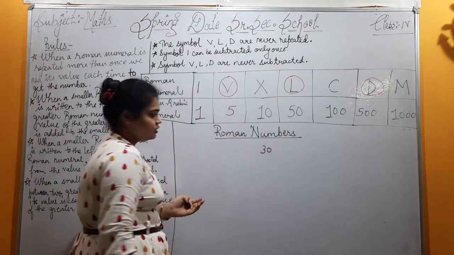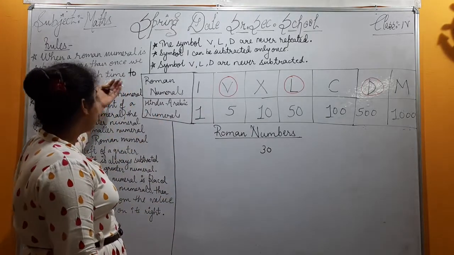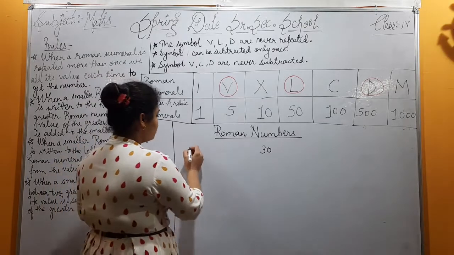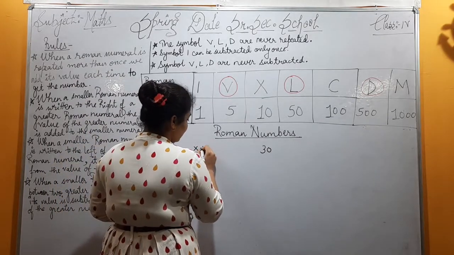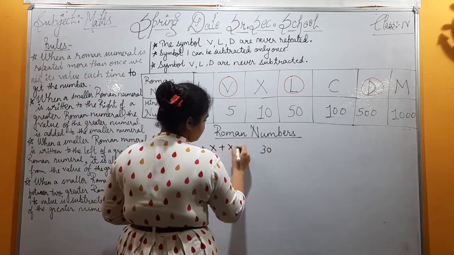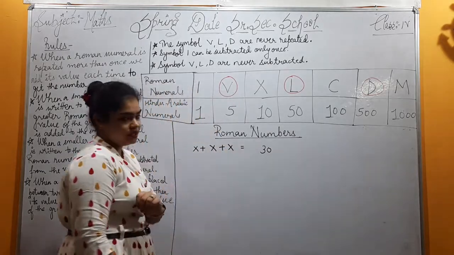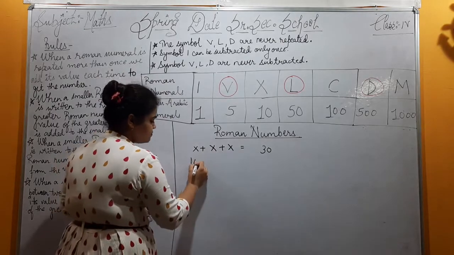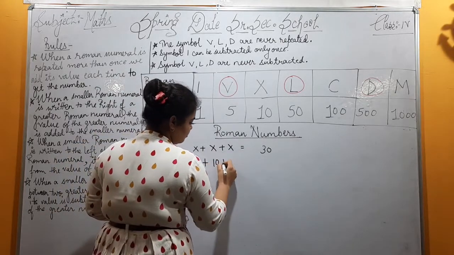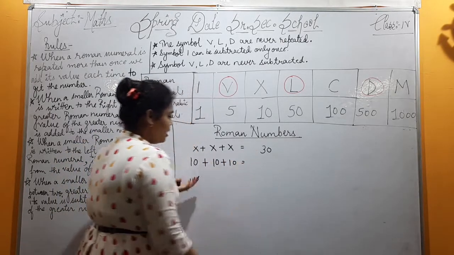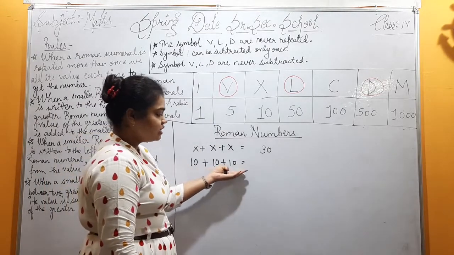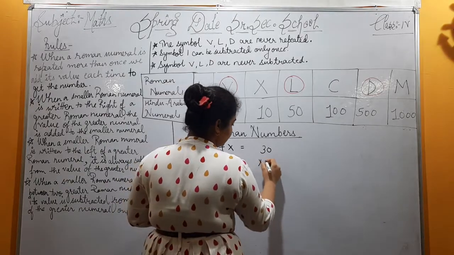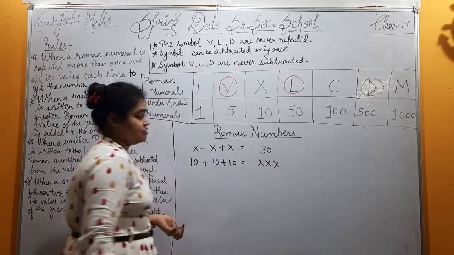With the help of Roman numerals, we are going to make the number 30. X plus X plus X is 30. How does this 30 come? That is 10 plus 10 plus 10. By adding these 10 three times, the Roman number we get is 30 and we write it like this.